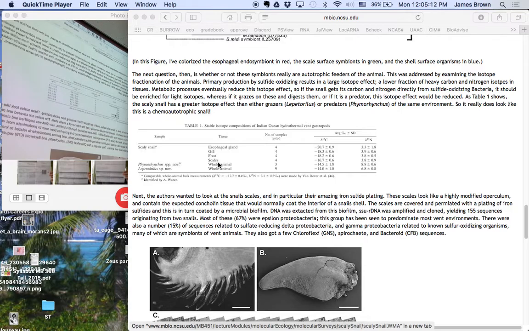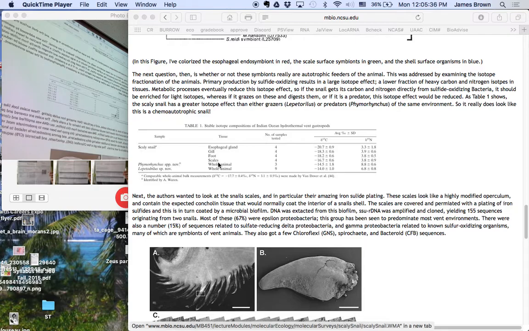This raises a really interesting question. What about nitrogen? If you absorb sulfur and CO2 from the environment, and oxygen, and fix carbon, the next limiting thing is going to be nitrogen. If you're an autotrophic snail, which is what these are, you've got to have a source of nitrogen.